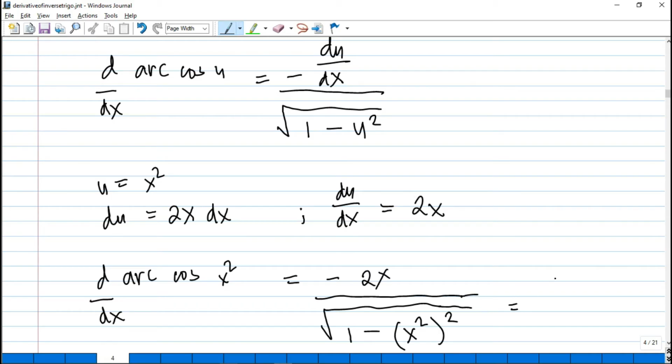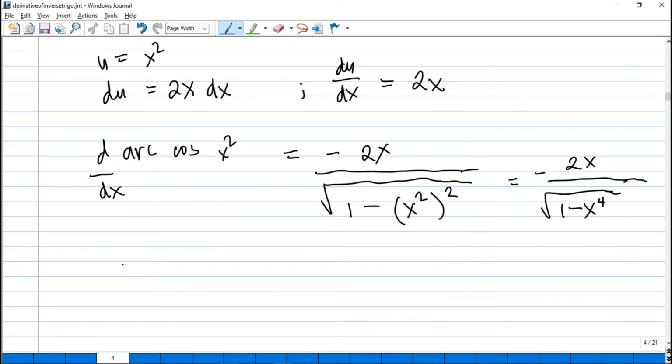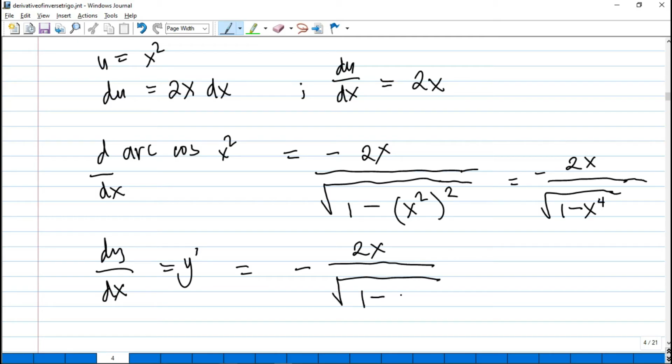Simplifying this, it becomes negative 2x all over the square root of 1 minus x raised to 4. So this is the final answer for this second problem. So dy over dx, or y prime, is just equal to negative 2x all over the square root of 1 minus x raised to 4.